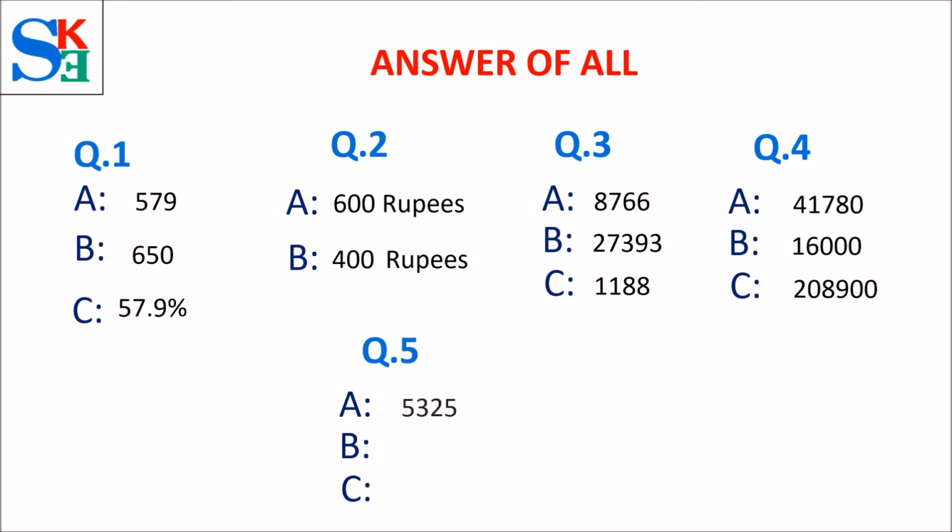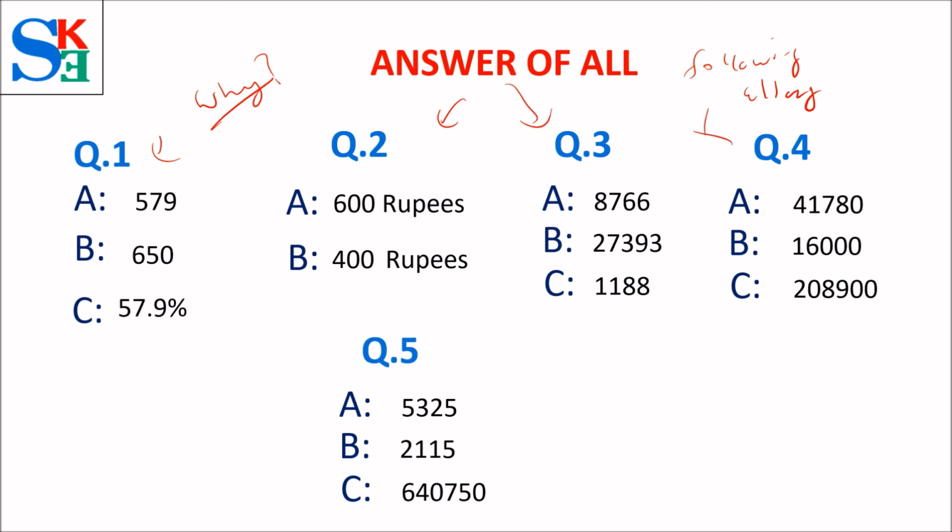And question 5, which we just did: 5325, 2115, and 640750. Why did I include the answers? Because there may be some people who are following along, and these are the answers of everything.